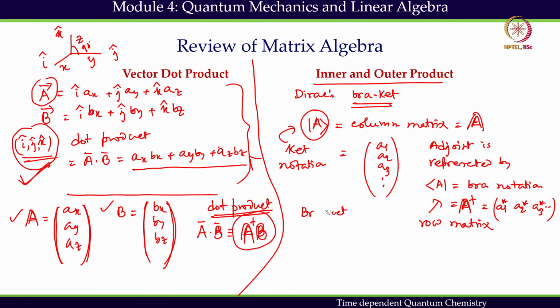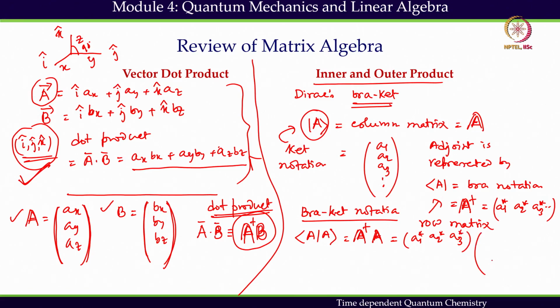In bracket notation, the inner product will be given by this, which in the matrix form is going to be the adjoint multiplied by its own. So, A1 star, A2 star, A3 star.